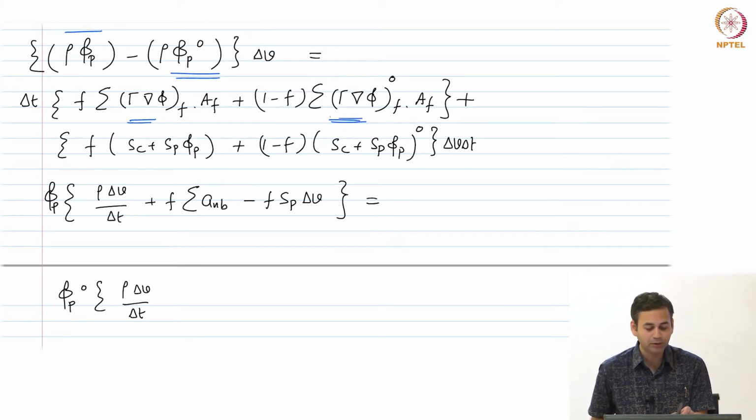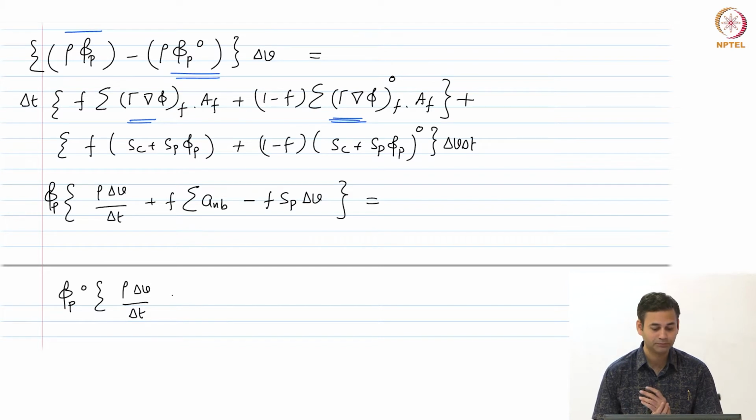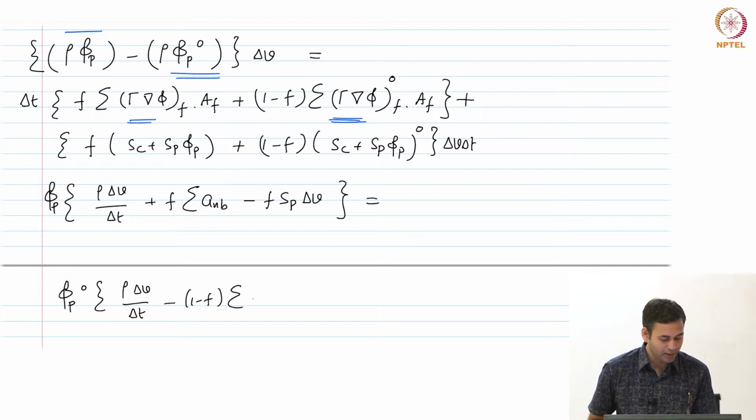Out of that term you have the central coefficient, which is phi p 0, and the other coefficients are phi nb, which go to phi nb 0. Is that plus or minus for phi p 0? It will be minus, because you will write phi east minus phi p. So this will be minus 1 minus f times sigma a and b times phi p 0.